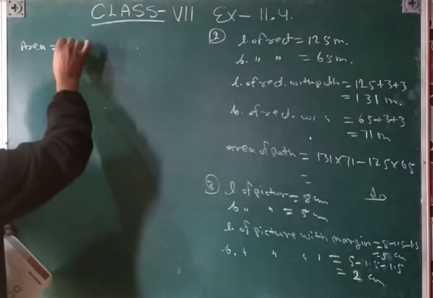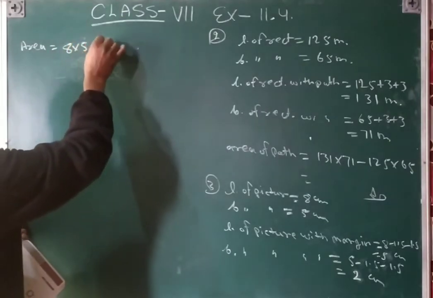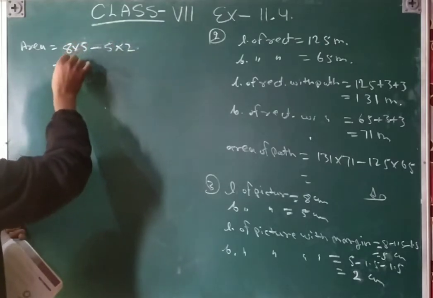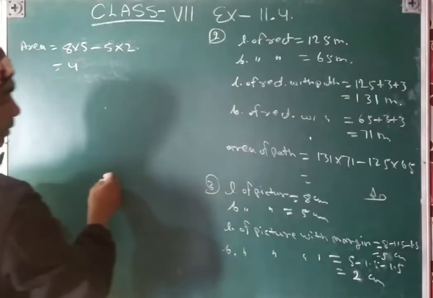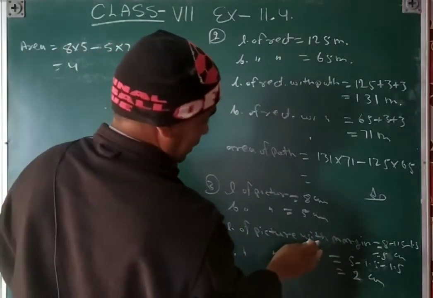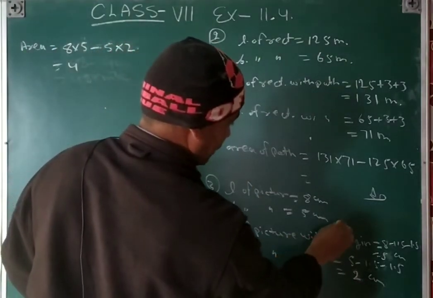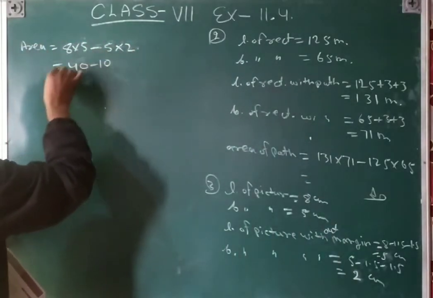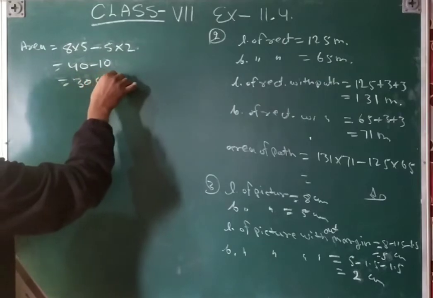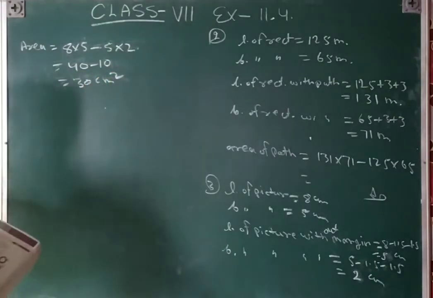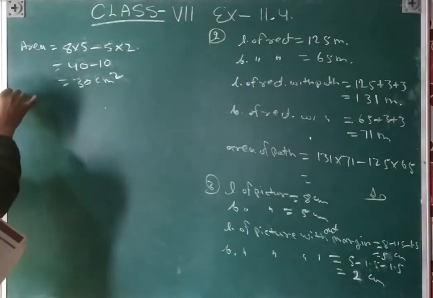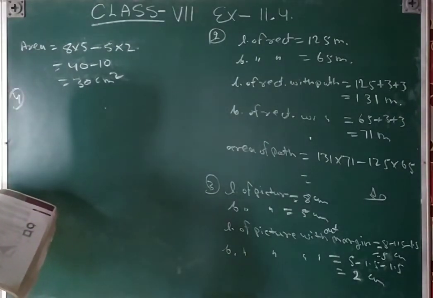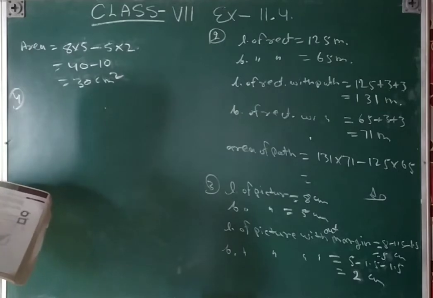So that will be 8 into 5 minus 5 into 2. So that is 8 into 5, 40, without margin. So 40 minus 10 is equal to 30 centimeter square.